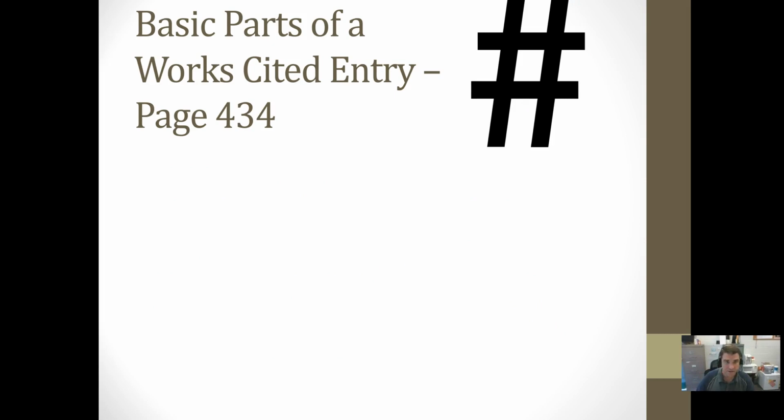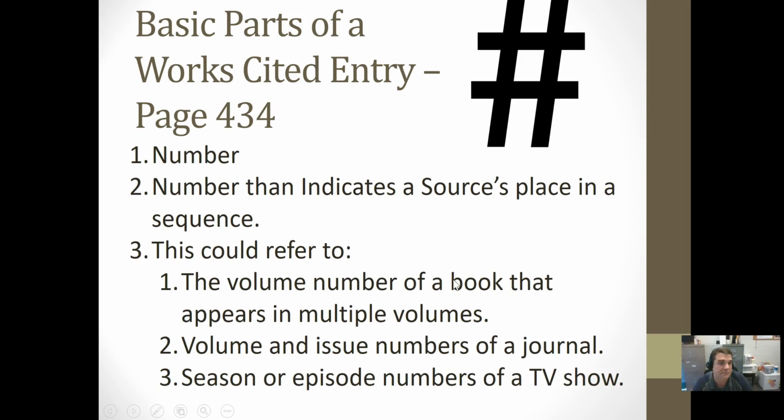Alright, continuing with the ones that are on 434. This is the number. It indicates the source is placed in a sequence. So this could refer to a volume or an issue number of a journal. The volume and issue would be separated by a colon. So say it's volume 2, issue 2, it would be 2:2.